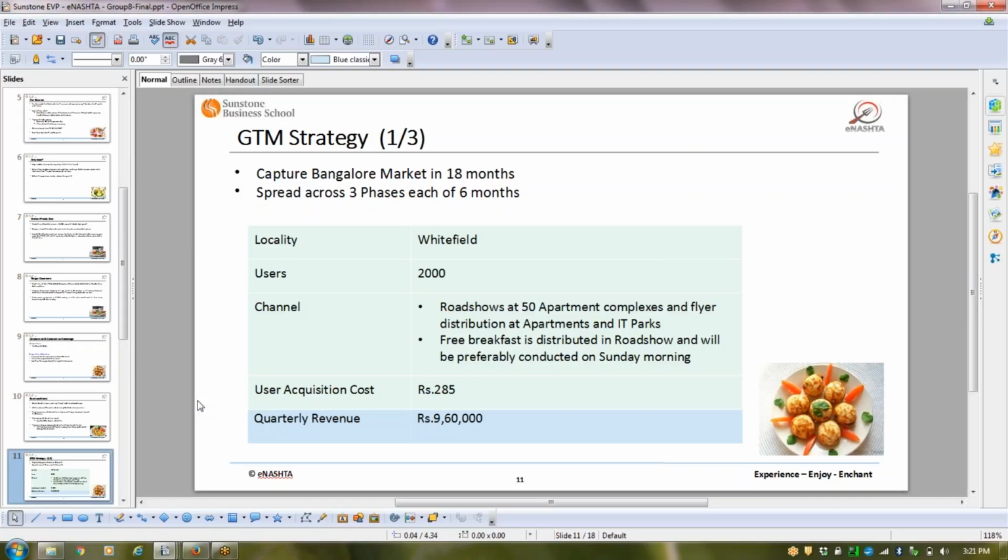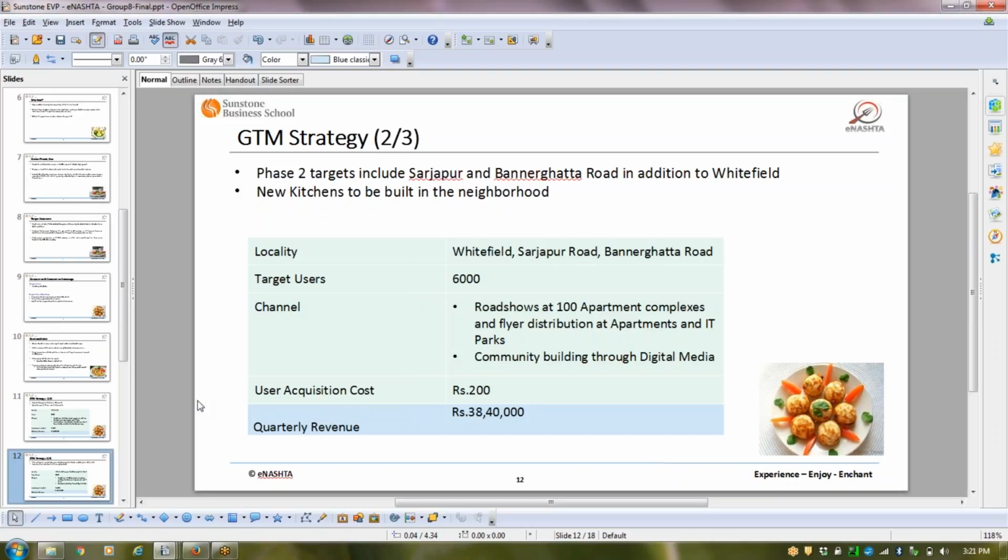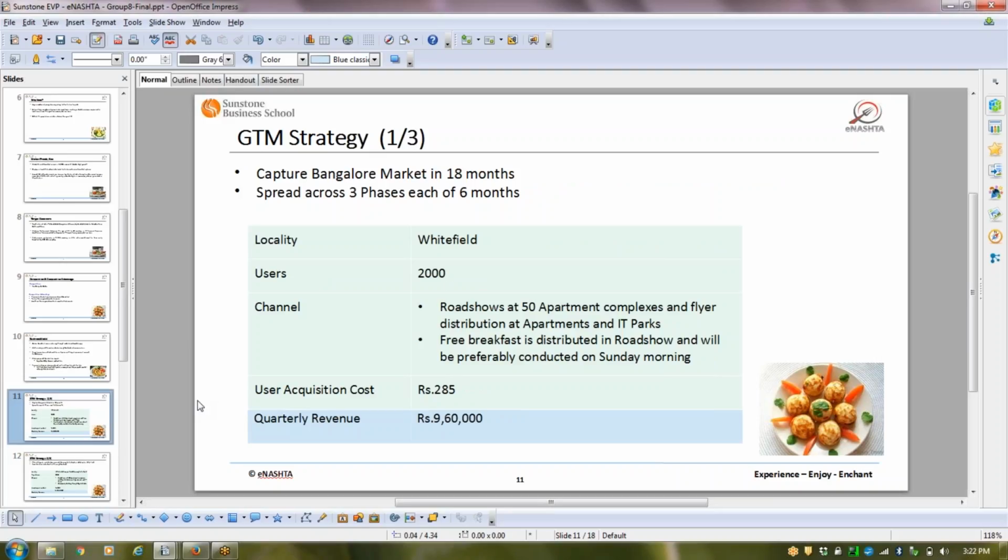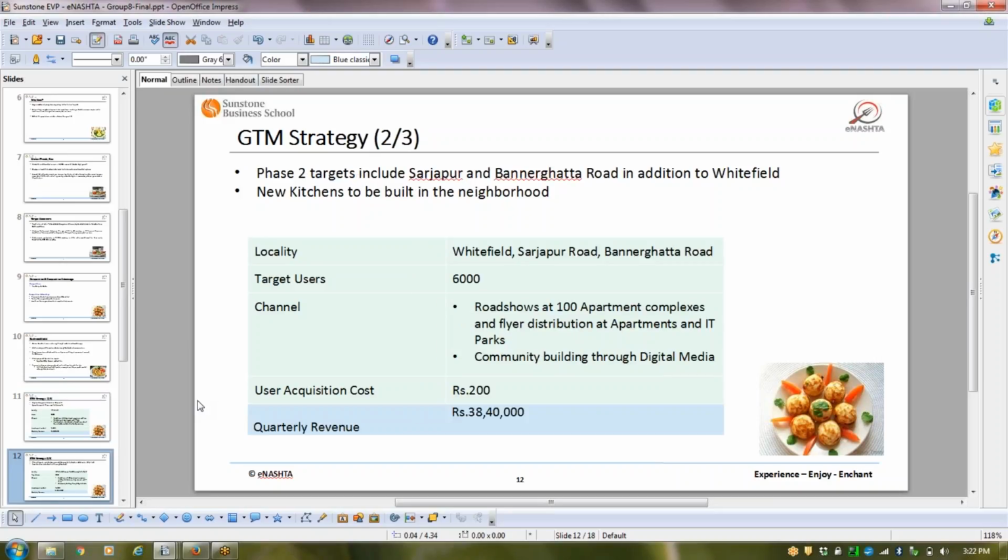User acquisition cost is 285, revenue of 9,60,000, and 2,000 users they will be acquiring. In the next phase, they'll be adding Sarjapura Road and Banaghatta Road. The total number of users that they are targeting now is 6,000. User acquisition cost is lowered now. See, the user acquisition cost earlier was 285, now it has come down to 200.